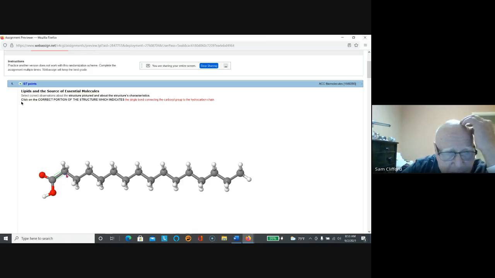All of these other carbon-hydrogen bonds share electrons equally. So here's another example of a hydrophobic chain, meaning that it's water-fearing, and this is how oils, waxes are built up. This is how gasoline is built. Gasoline is a liquid hydrocarbon.